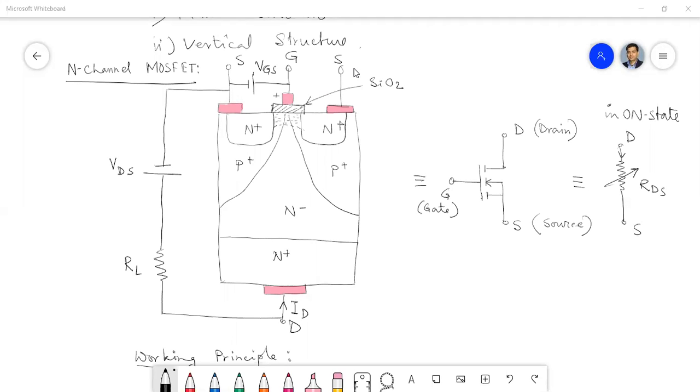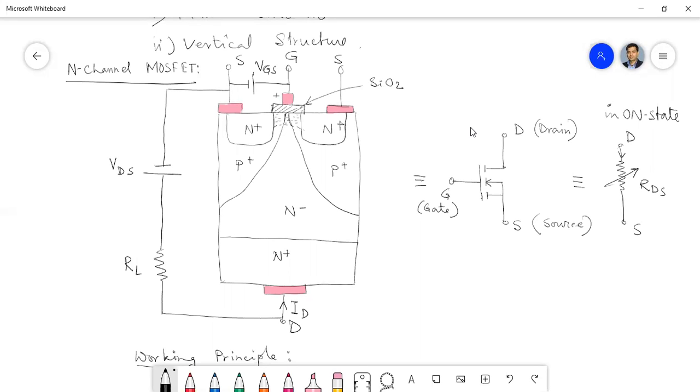Anybody has any doubt? Okay, so if the negative charge is developed in the p layer portion, because already you have a p layer portion there, then what will happen? Then there is no junction basically.